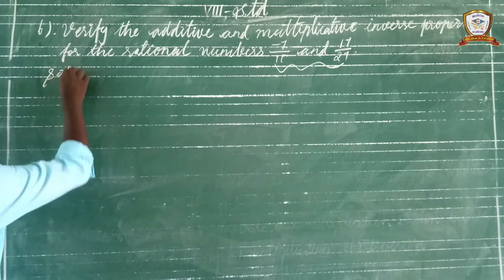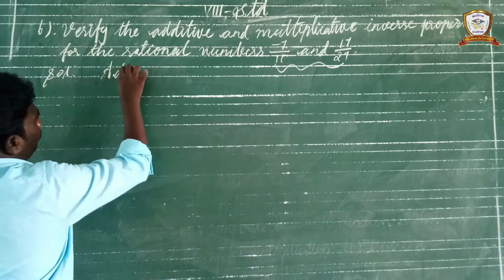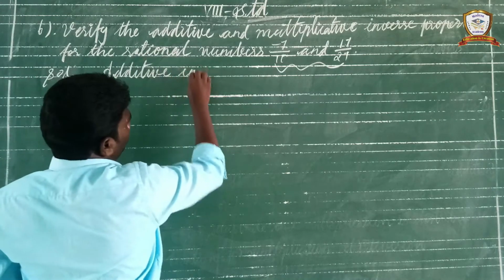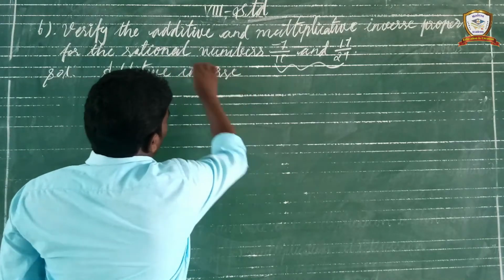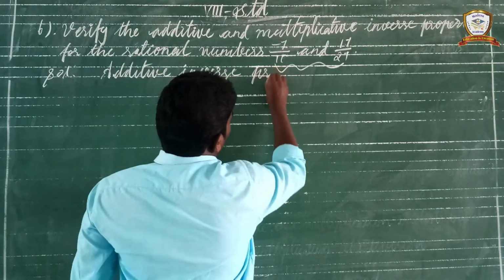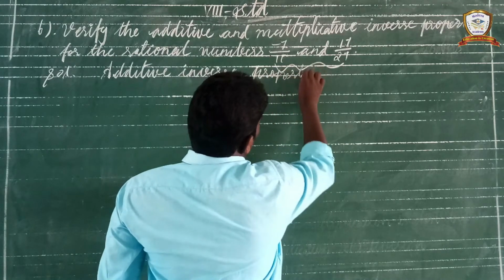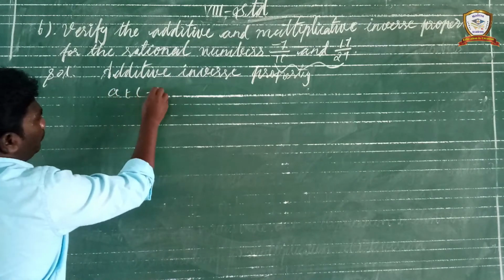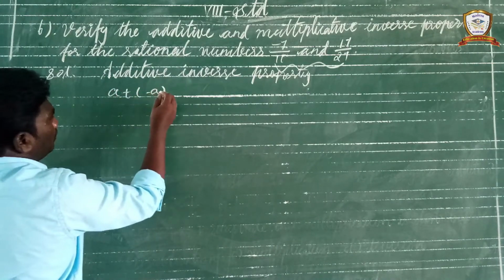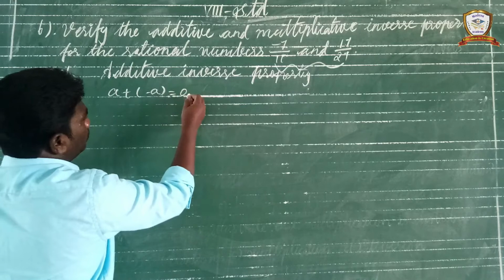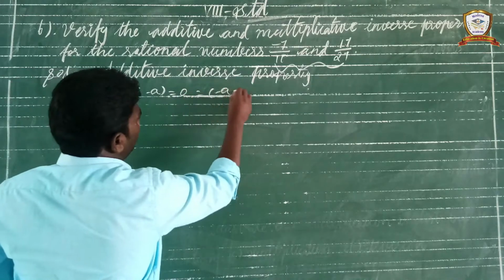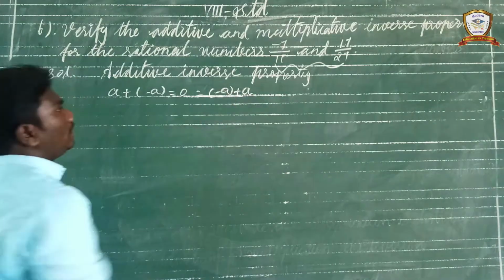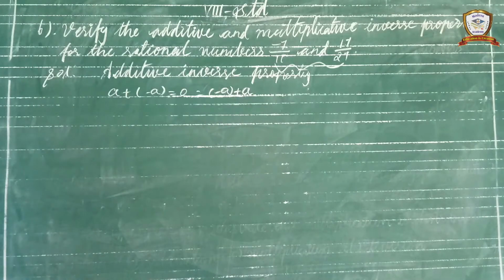Here what is the formula? a plus (minus a) is equal to 0, is equal to minus a plus a. So this is the additive inverse property.